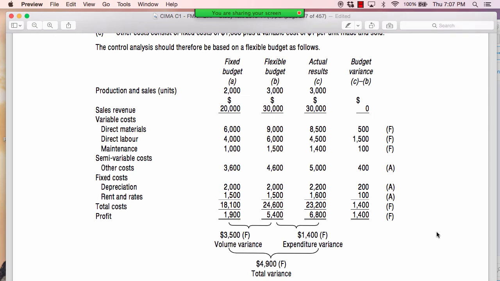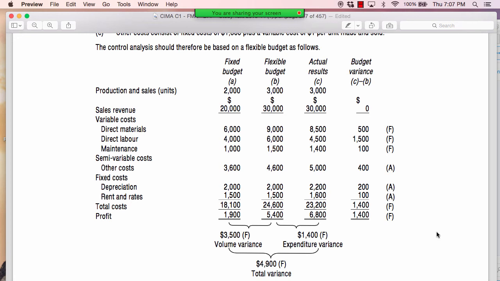And what you have to do, the reason that you're going to be doing this, is because 50,000 is your actual. Maybe in your variable cost, you're going to look at, well, there is an increase against the budget, right?